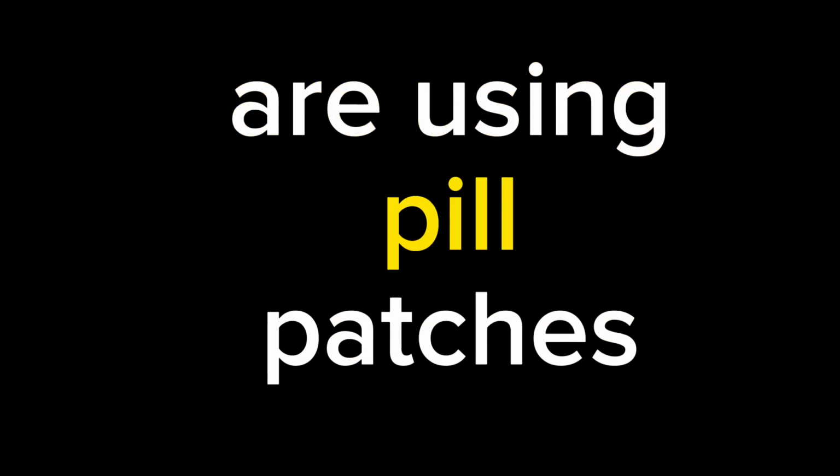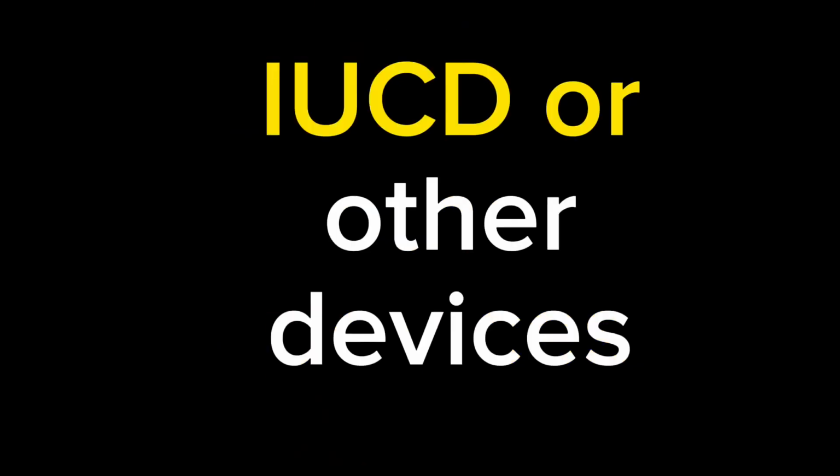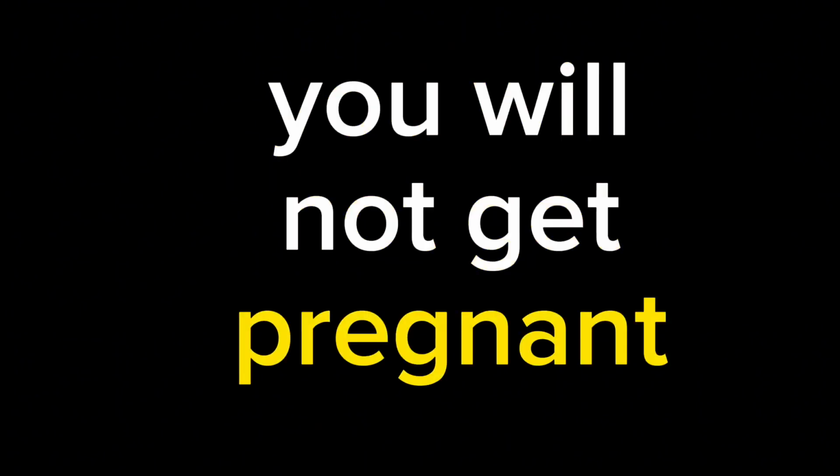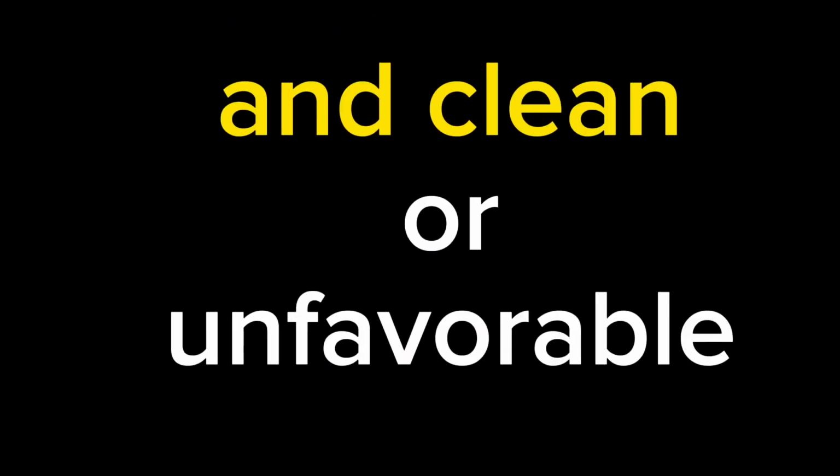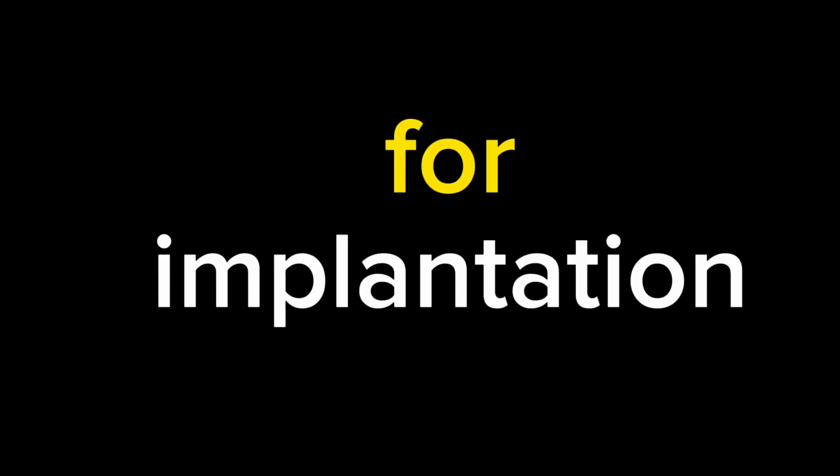Keep in mind this is only the case if you are using pills, patches, IUCD, or other devices exactly as prescribed. You will not get pregnant. The hormones in the birth control hinder or prevent ovulation, make the uterus unfavorable for implantation, and also prevent fertilization from taking place.